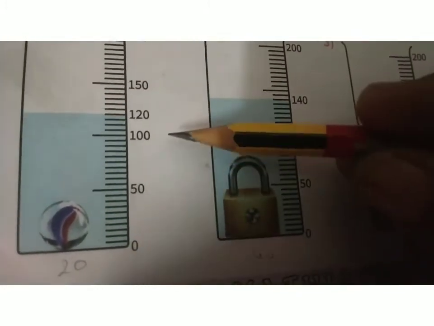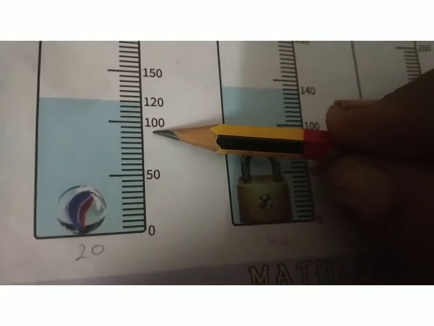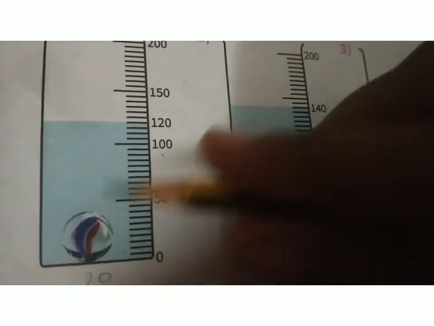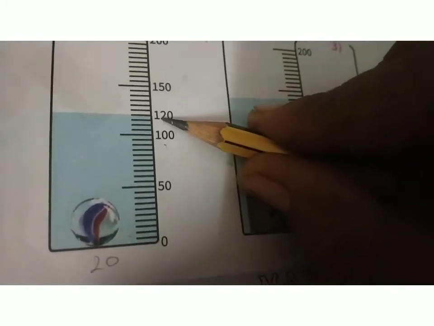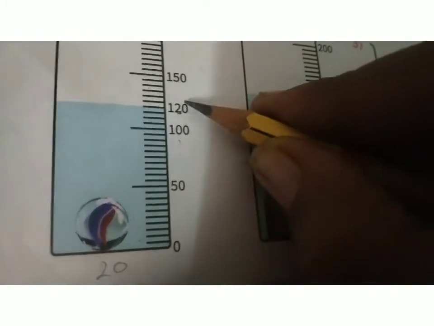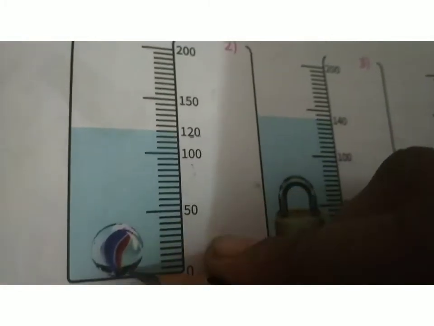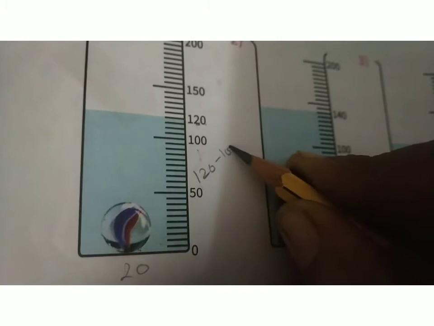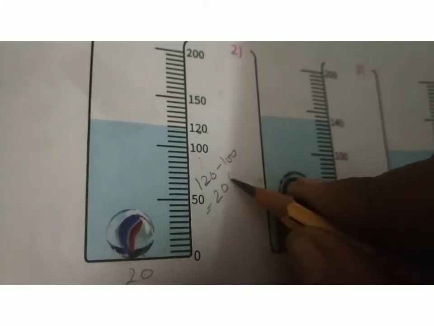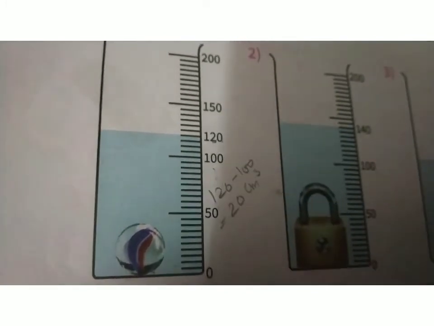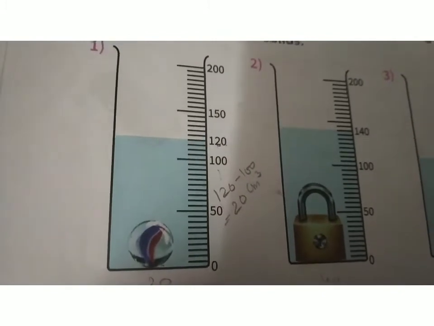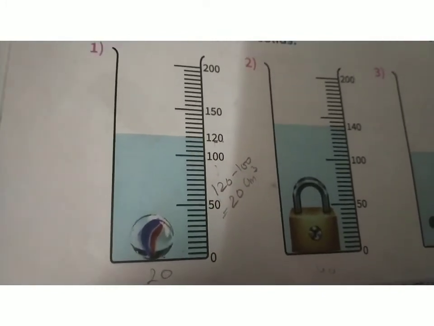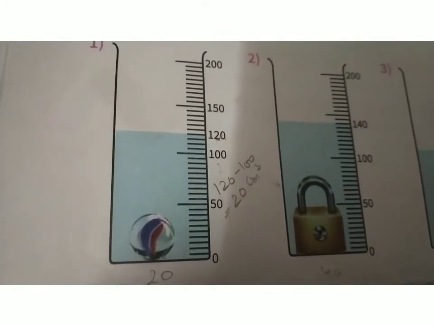Here also we can see a pebble put into the water when the previous volume was 100 cubic centimeter. After putting this pebble into the water, the new reading is 120 cubic centimeter. So the volume of this pebble will be 120 minus 100, that is 20 cubic centimeter. Like this we can find the volume of different irregular shapes.